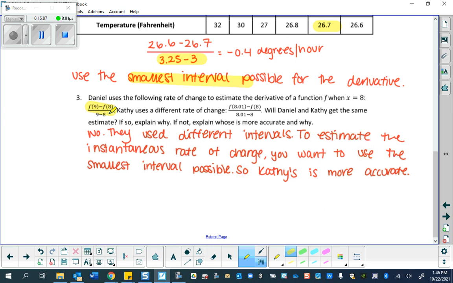So Kathy and Daniel are not going to get the same answer. And I would venture to say Kathy's is going to be more accurate. Because if she's looking for an instantaneous rate of change at that moment, the closer she is, the smaller her bite of the x-axis, the more accurate she'll be.